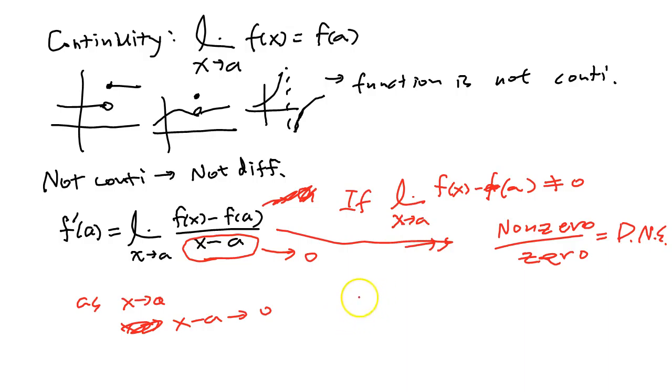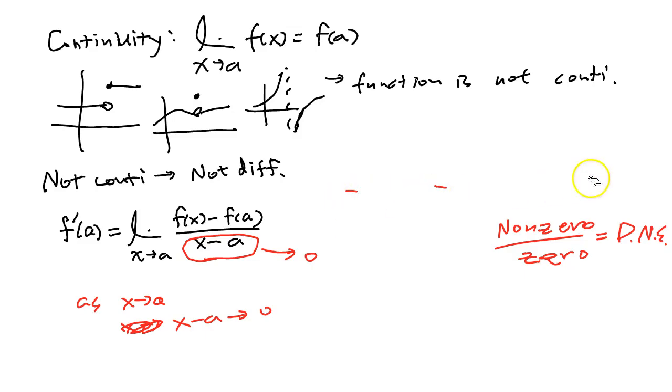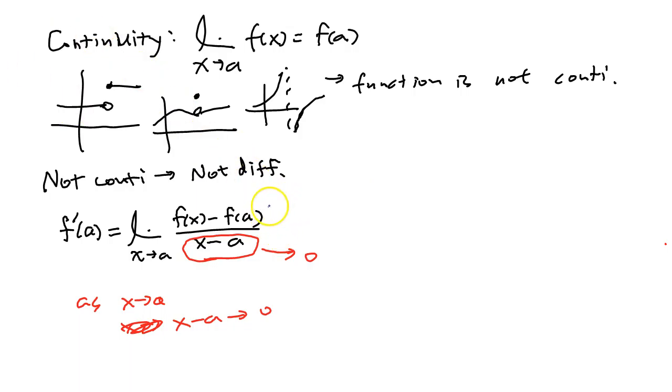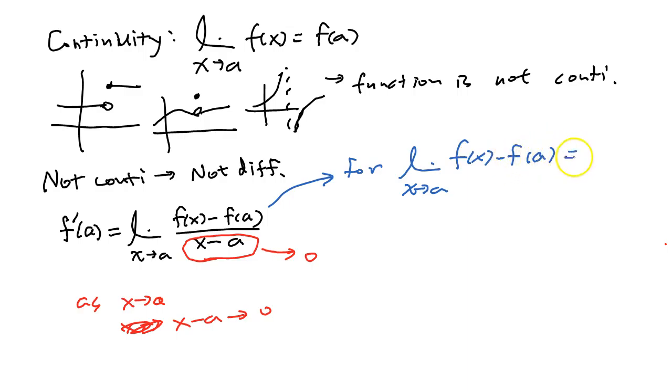So we're forced to say that in order for this limit to exist, the numerator has to be 0. All right. So let's try to think about what that means. In order for the limit of x going to a of f of x minus f of a to be 0, that means if I move this f of a to the other side, you end up with the limit of x going to a of f of x equals f of a.